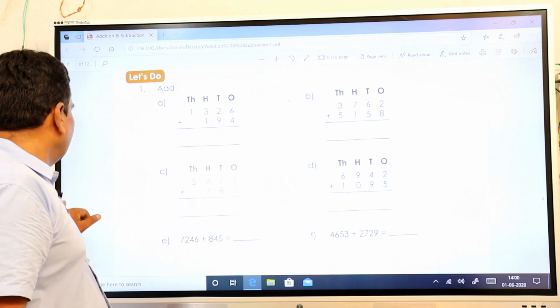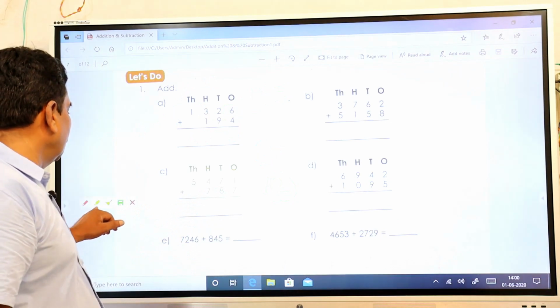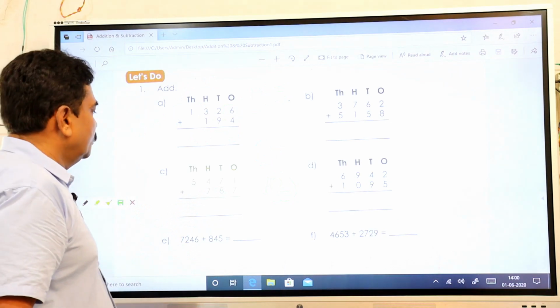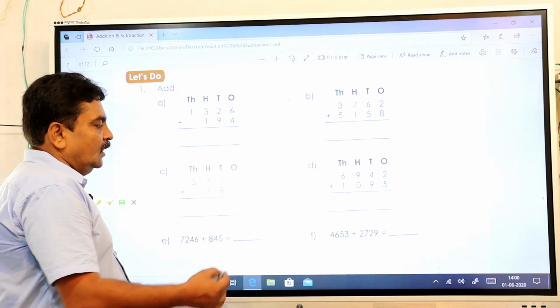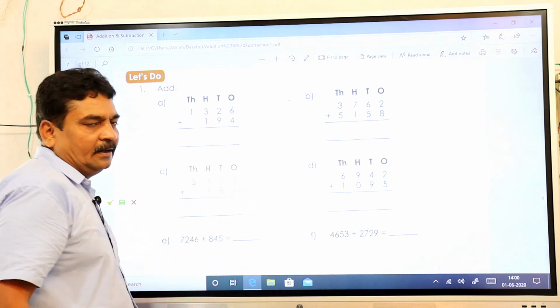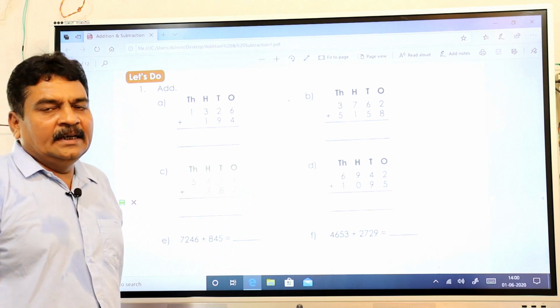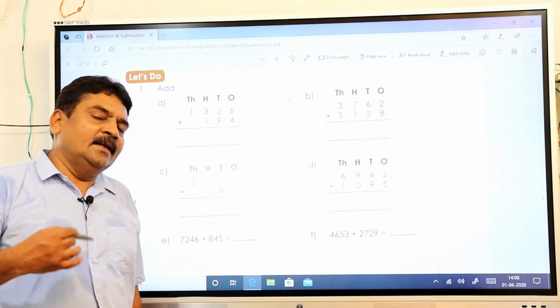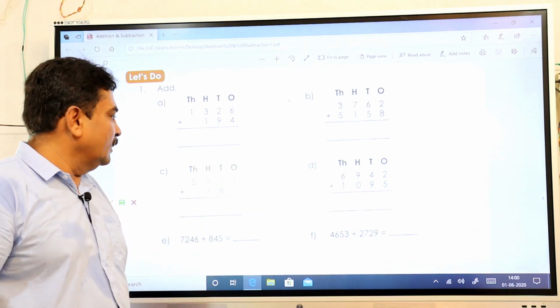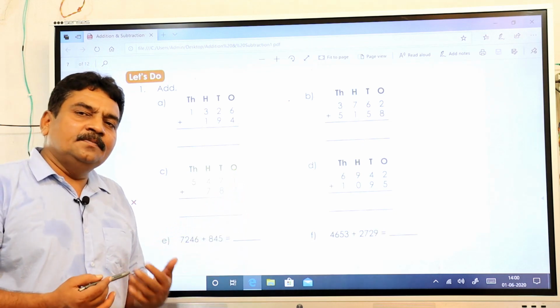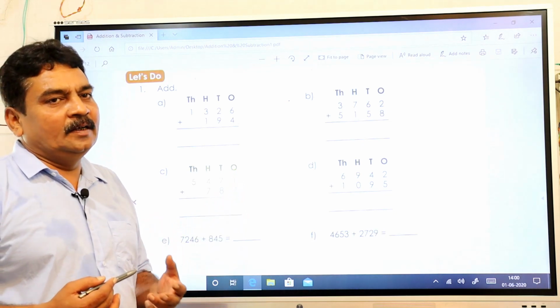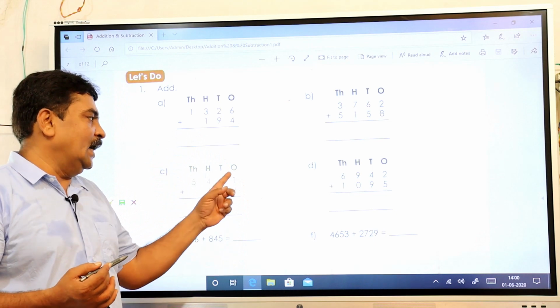Similarly, we'll do the next problem. I'll just remove this so that you should not get confused. Let me do this. Here 1 plus 7. In addition, I'm repeating it again and again so that you remember it. Out of 1 and 7, which is bigger? 7 is bigger. So keep 7 in your thought and then add the other number.